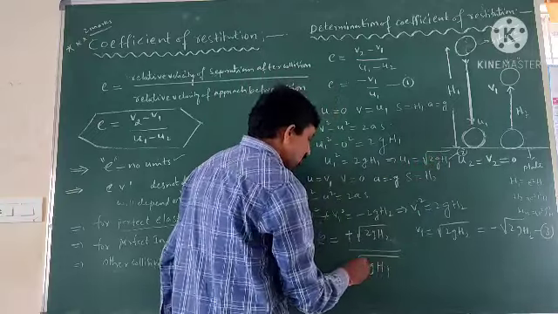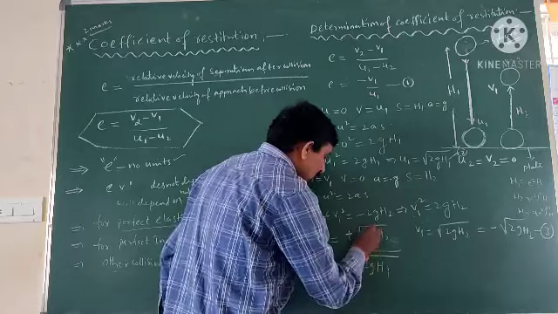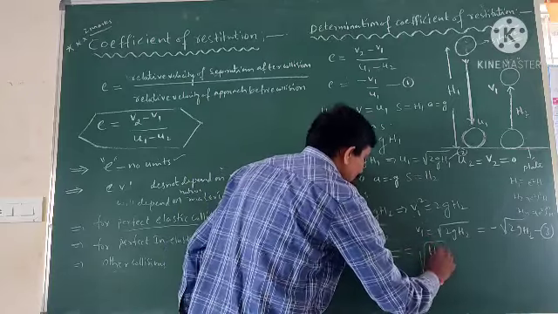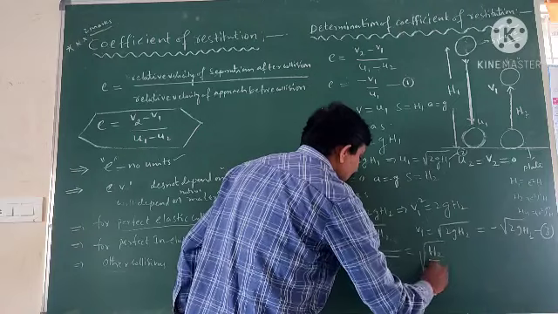Here 2 gets cancelled, g gets cancelled. Finally we have under root of h2 by h1.